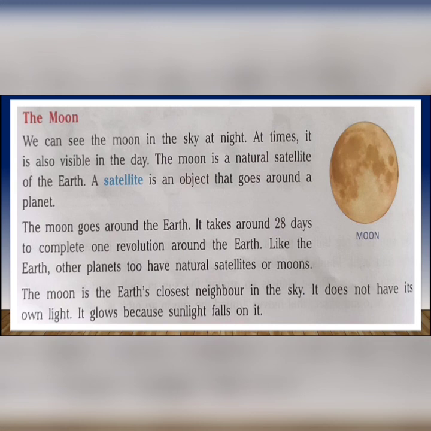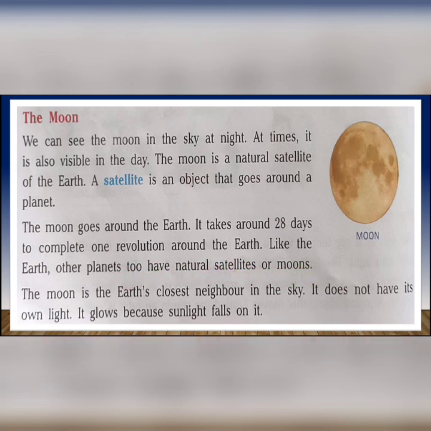Yes, and there are many artificial satellites also which are sent to space by human beings. The moon goes around the Earth. It takes around 28 days to complete one revolution around the Earth. Like the Earth, other planets too have natural satellites or moons.